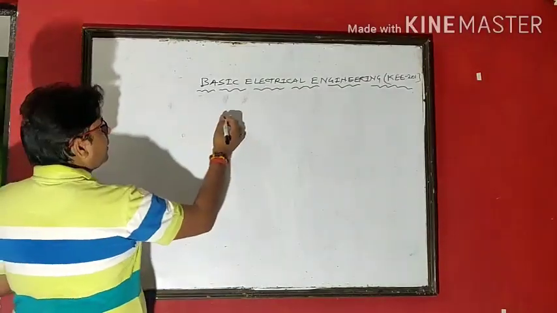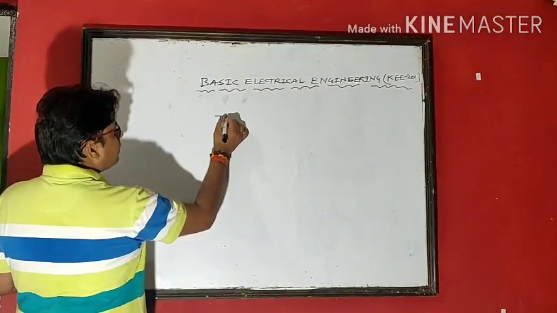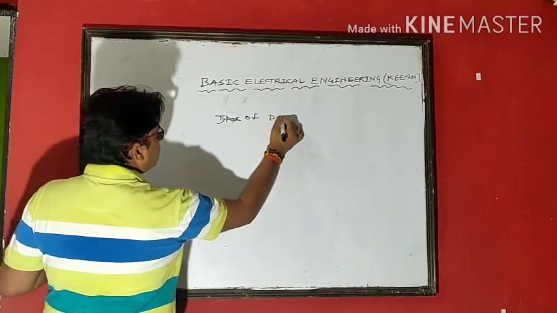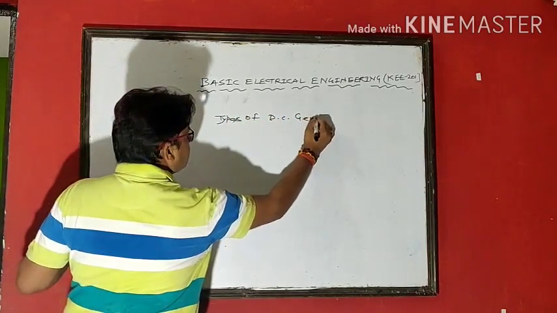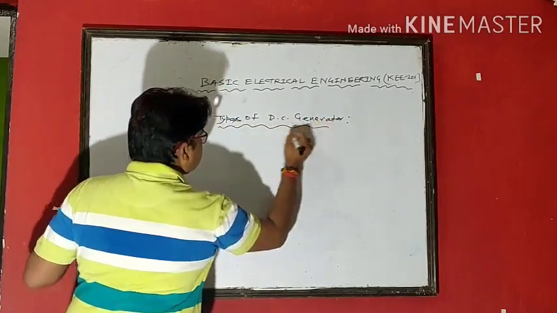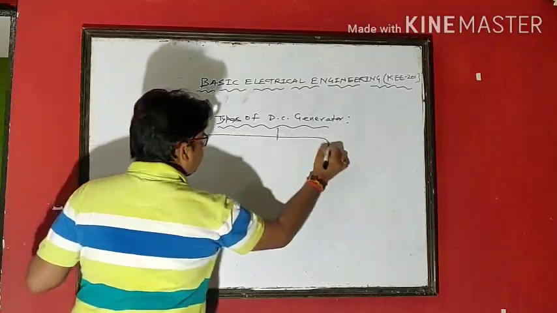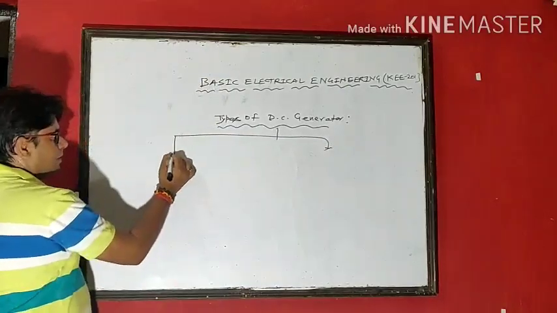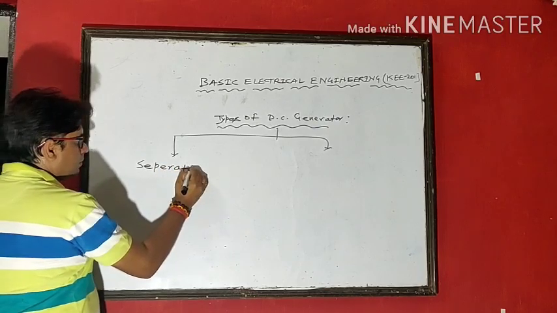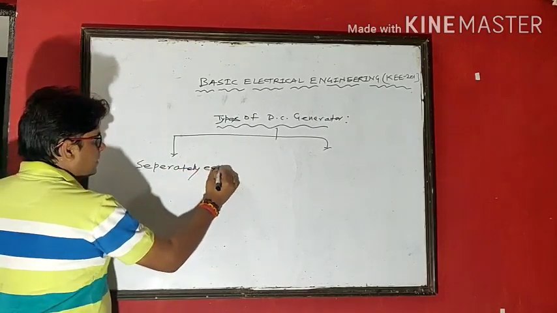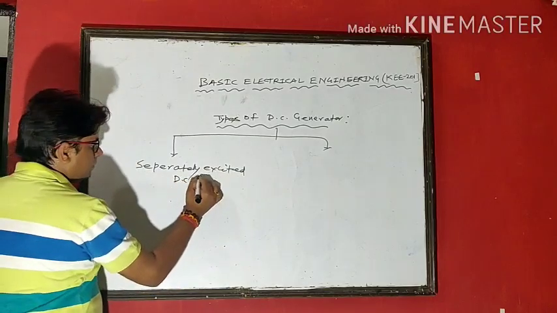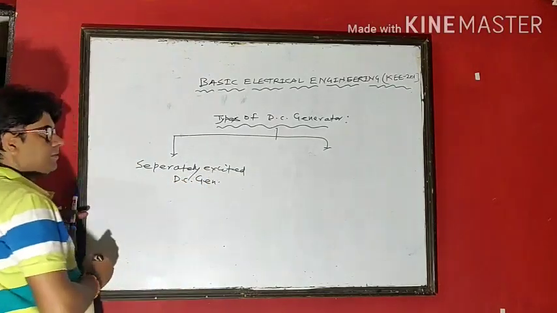Here, types of DC generator. So there are two types of DC generator. First is separately excited DC generator.